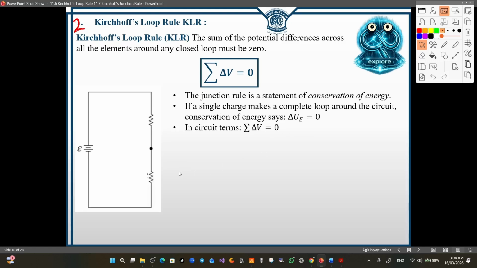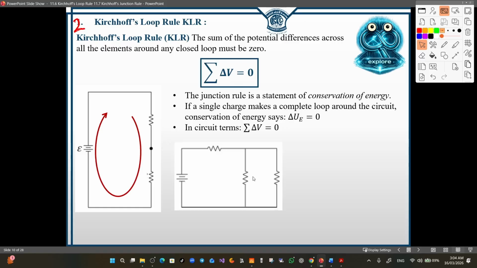So for example, if we have this electric circuit and we choose to circulate around the closed loop here in the clockwise direction, then the delta V here, the delta V here and the delta V here will add up to zero. Now, this electric circuit consists of 3 loops.